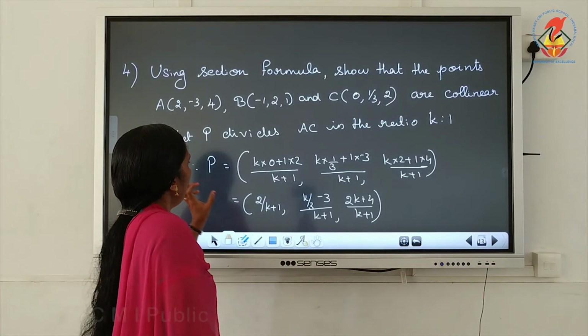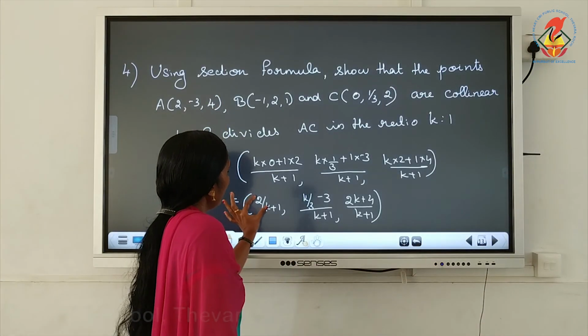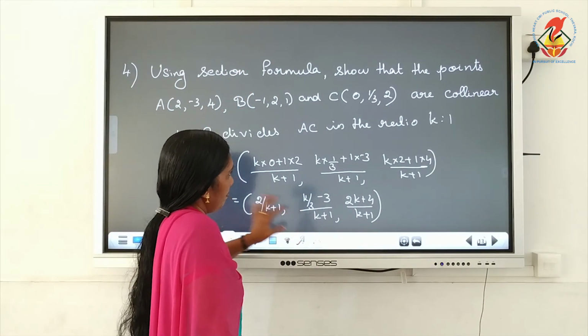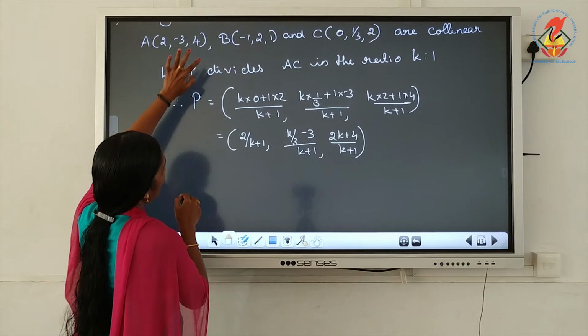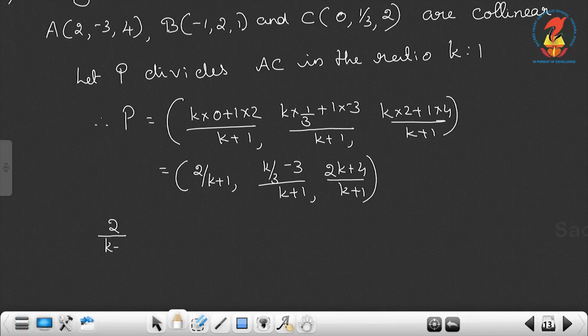So, for proving P and B coincide, first we take the first coordinate and equate to the first coordinate of B. So, to prove B and P coincide, you have to take 2 by k plus 1 is equal to minus 1. X coordinate equal to x coordinate, or you can equate second coordinates or third coordinates. So, which implies 2 is equal to minus k minus 1. Or k is equal to minus 3.